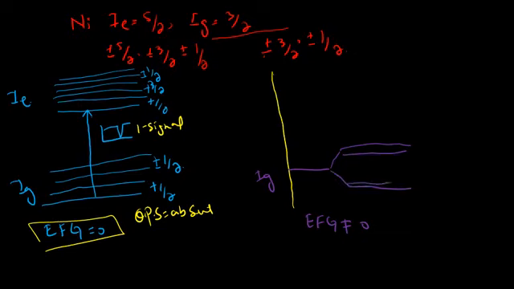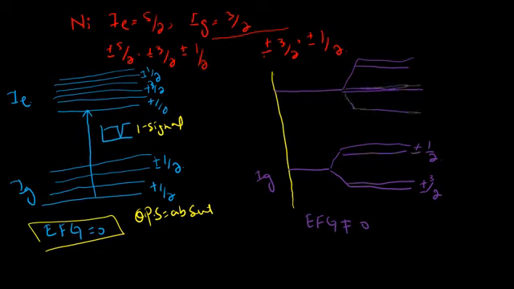These two states are plus minus 3/2 and these are plus minus 1/2. In the same way there is a split in the excited state. So these states are plus minus 1/2, plus minus 3/2, and plus minus 5/2.